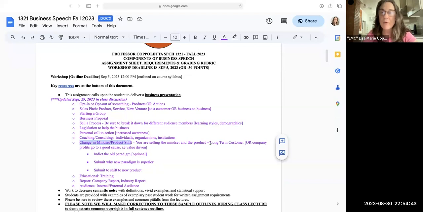And then remember, you may be focusing on long-term customers or companies. And when one of your colleagues talked about value-driven, right? So you may have a value that you want your audience to adopt. The sole reason for them to buy that product is because of the value of that company.